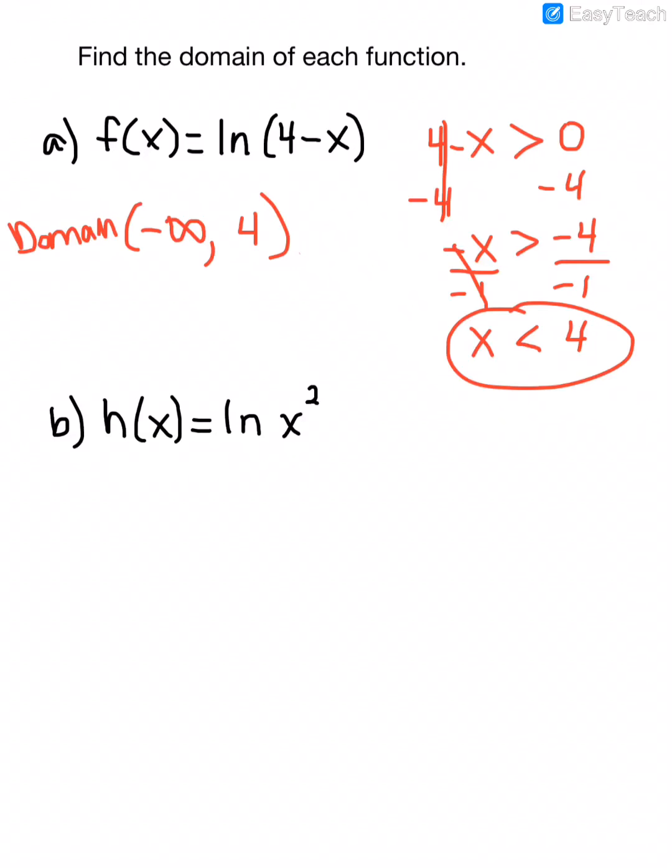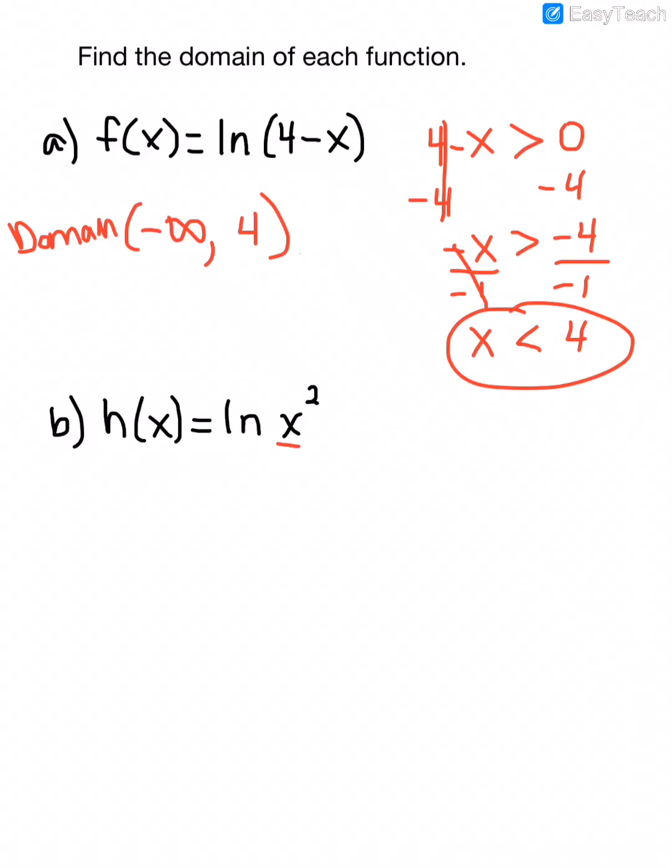Okay, so for the next one, h of x is equal to the natural log of x squared. What could we plug in for x that would still be in the domain? Well, of course, if I plugged in any positive number, squared is going to stay positive. And any negative number, if I square it, is going to be positive also.